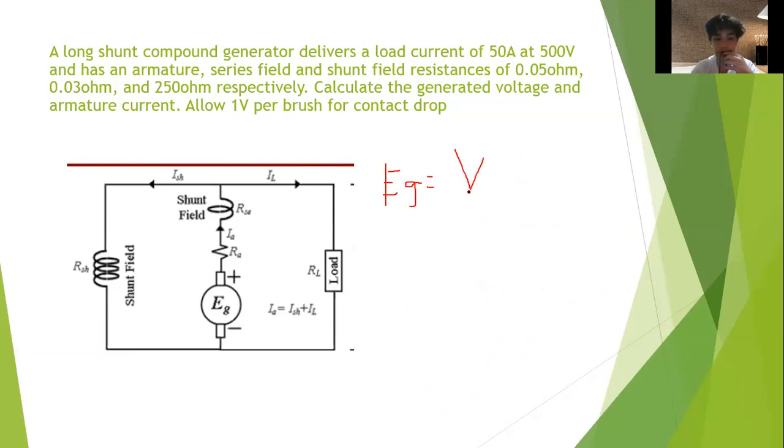For that, we have VT, the total voltage in the compound generator, which is 500 volts here, plus IA, the armature current, multiplied by RA, the armature resistance, plus the series drop. So we always add all the drops.